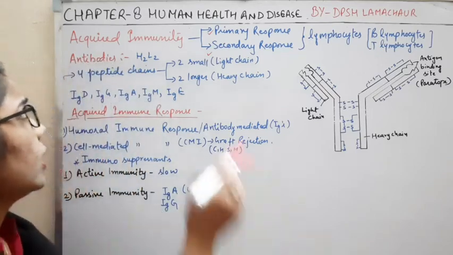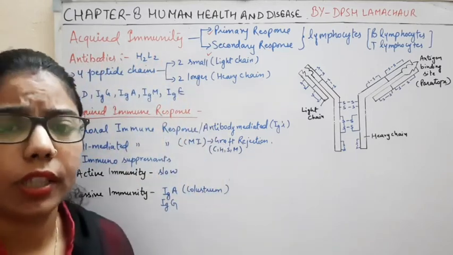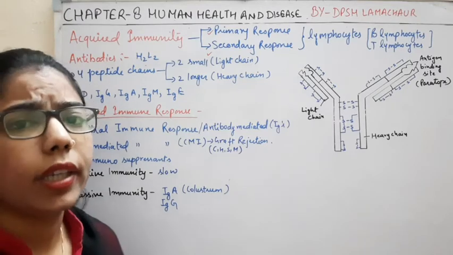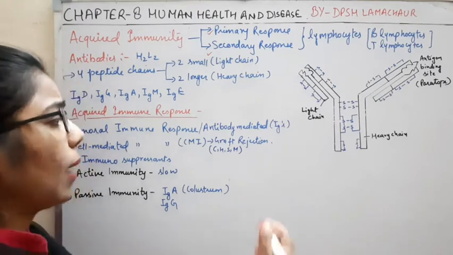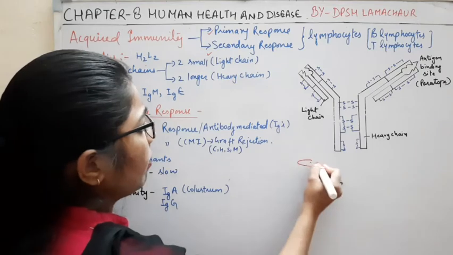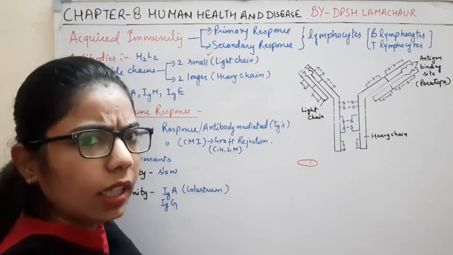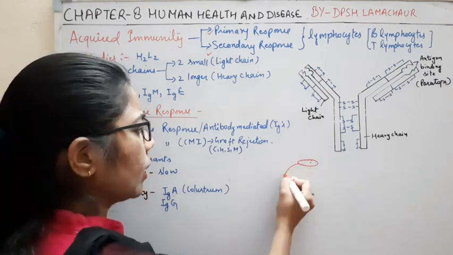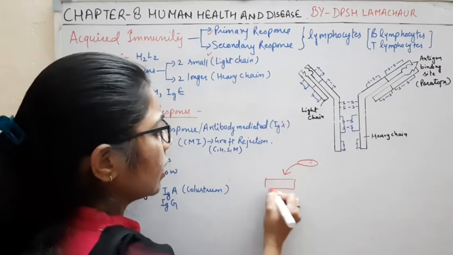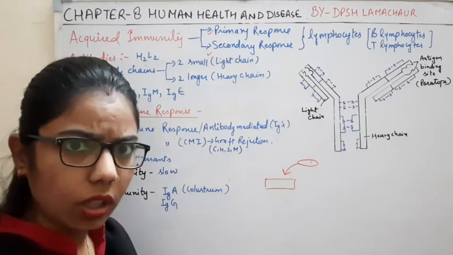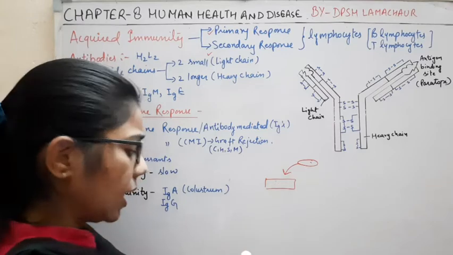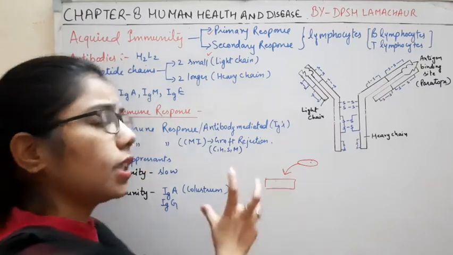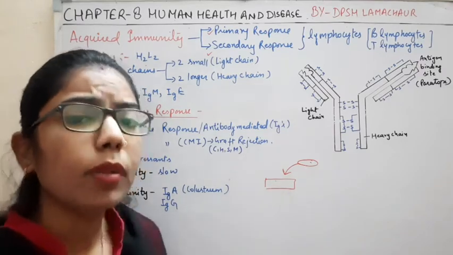Here, if I talk about acquired immunity, what is it showing? If any pathogen, it may be bacterial or fungal, any disease pathogen, attacks the cells of any individual, these cells will make some proteins.